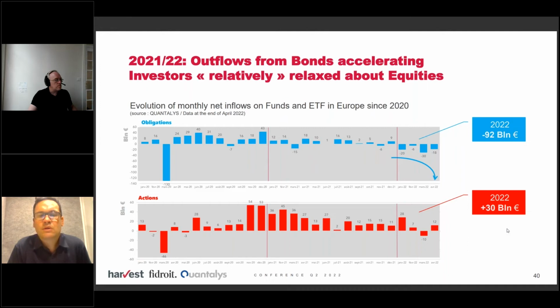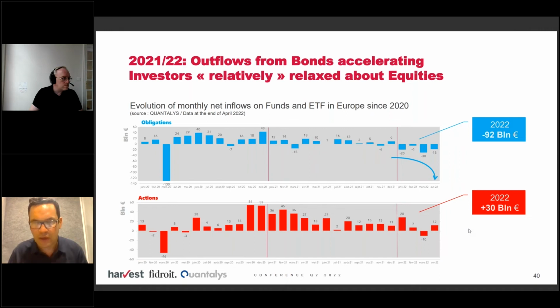First, the outflows from the bond market are accelerating today, as you can see. So in 2022, the equity funds are relatively zen and relaxed. Investors are not stressed by the equity market at this stage. We do not have this sell-off effect now in equity.